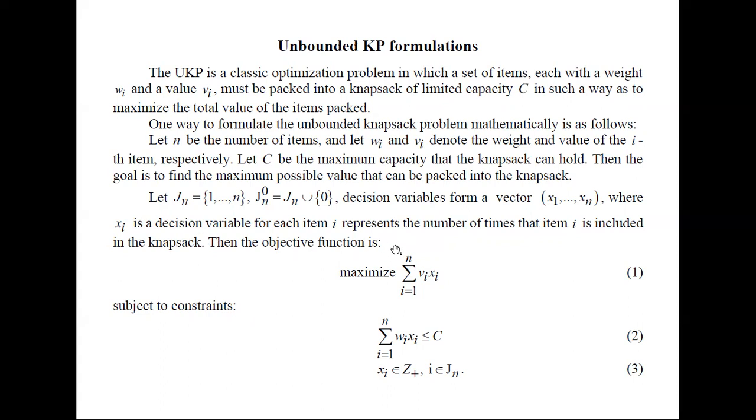The objective function is to maximize the total value of the knapsack subject to the capacity constraint, and our decision variables take any non-negative integer value, including 0.